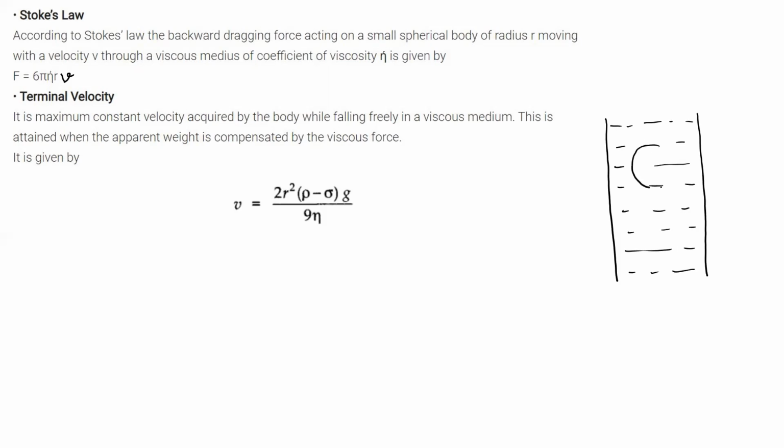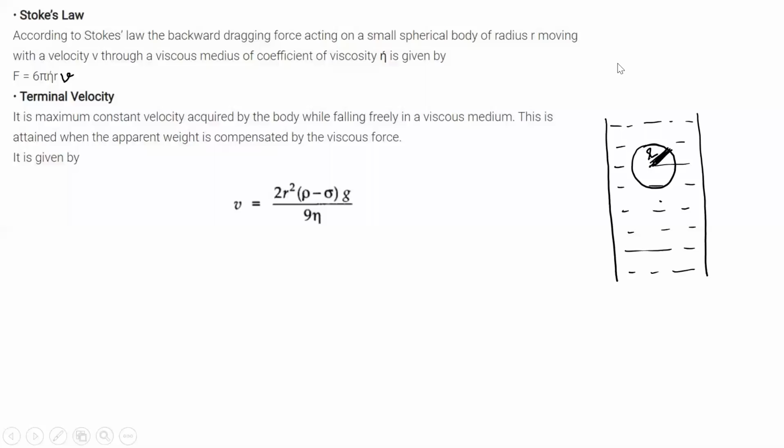I have assumed a spherical body over here which has radius r, and the density of the fluid is rho, and the density of this body which we have assumed as spherical is sigma.